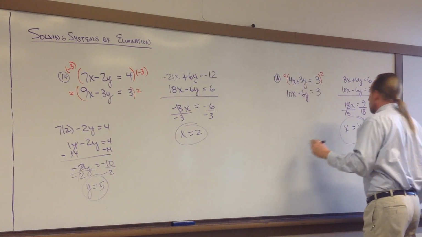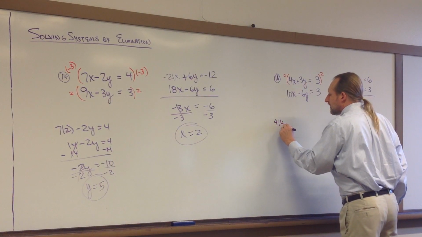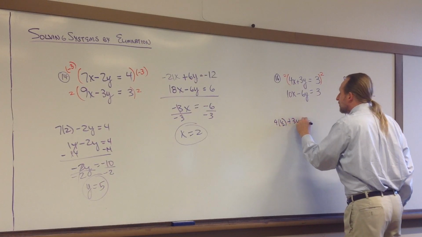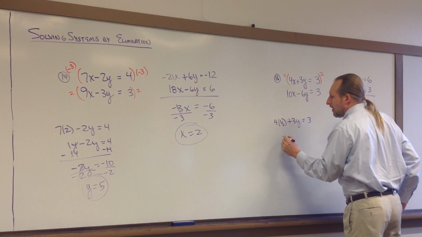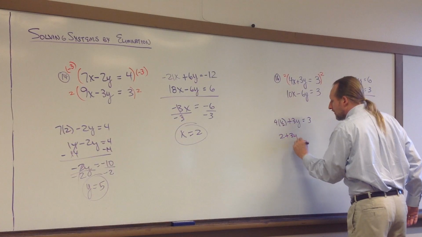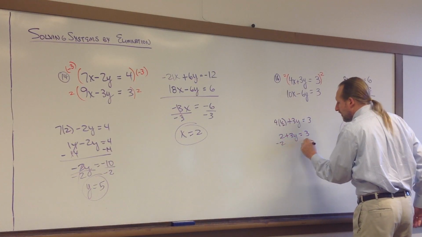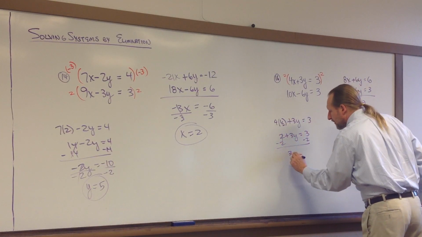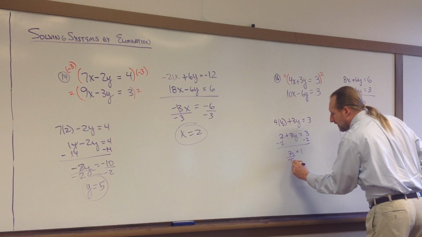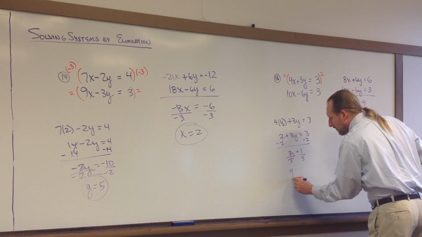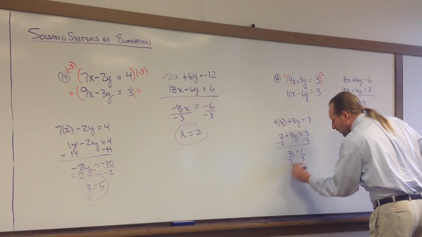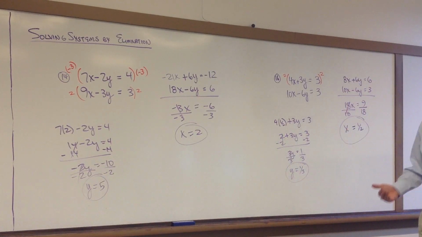Let's see, now we'll plug it back in. 4 times a half plus 3y equals 3. 2 plus 3y equals 3. 3y equals 1. And again, divide by the coefficient of the y. Don't worry that you're dividing a smaller number by a bigger number.